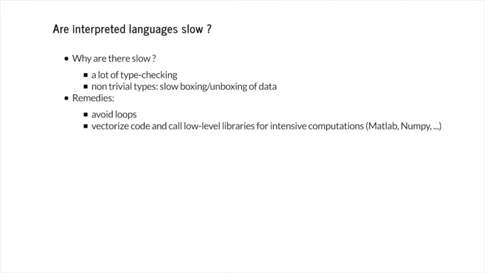The reason is that most of the time, these interpreted languages also have high-level features. They are object-oriented, for instance. Even the smallest integer is inside an object that has methods and properties, and it takes time to create this object. So when you store the integer in memory, you also create this object, and there is a big overhead for that.